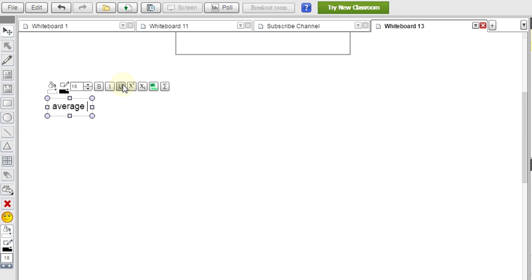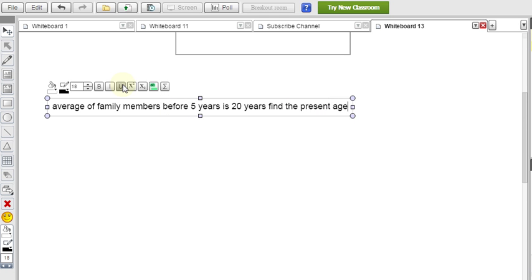The average of the family members before 5 years is 20 years. So what is the present average? Find the present average.